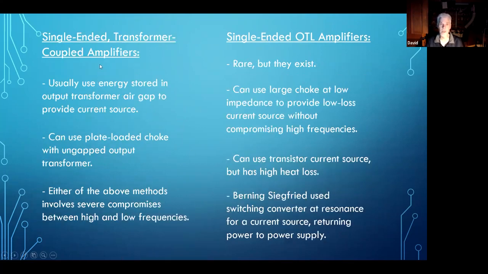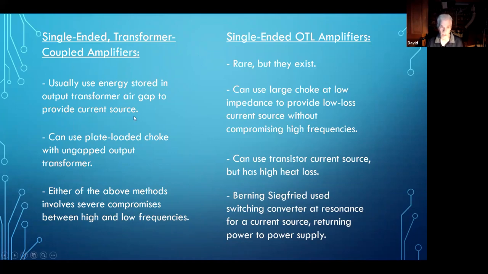So if you have a single-ended transformer coupled amplifier, usually the energy that you need to return the speaker and to drive the speaker in the other direction, you store in the output transformer air gap. That's why output transformers for single-ended transformer coupled amps generally have an air gap.